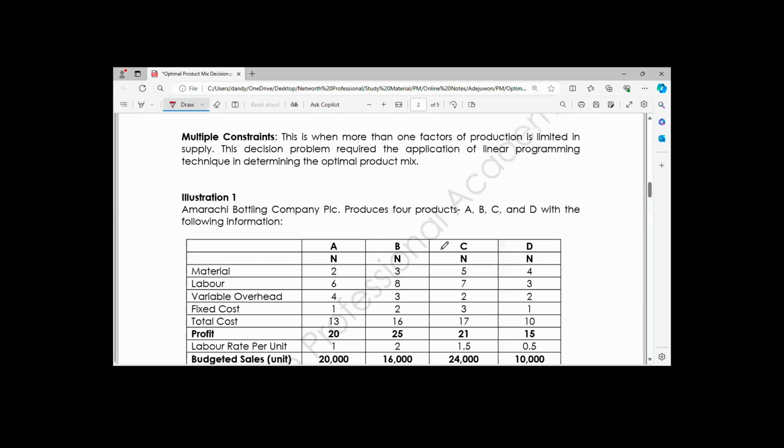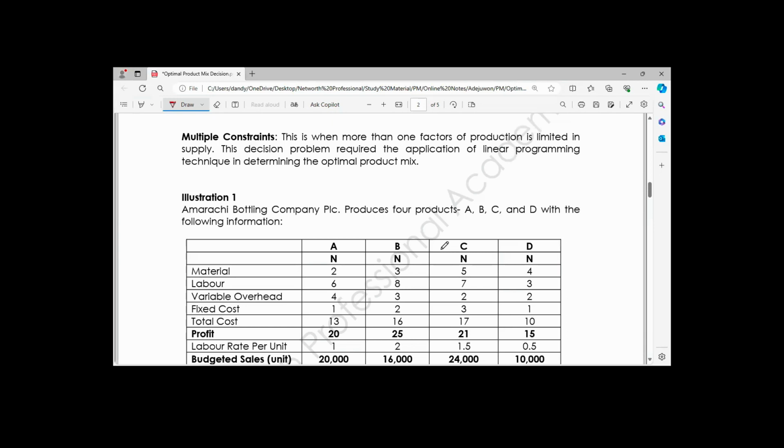The examiner can also tell you that material is limited to 5,000 kilograms. That's a clue. So all you need to do is to go into the question and confirm if truly that 5,000 kilograms is not sufficient. So whenever you are given a constraint in the question, it means that it is the optimal product mix or key limiting factor approach you are supposed to use.